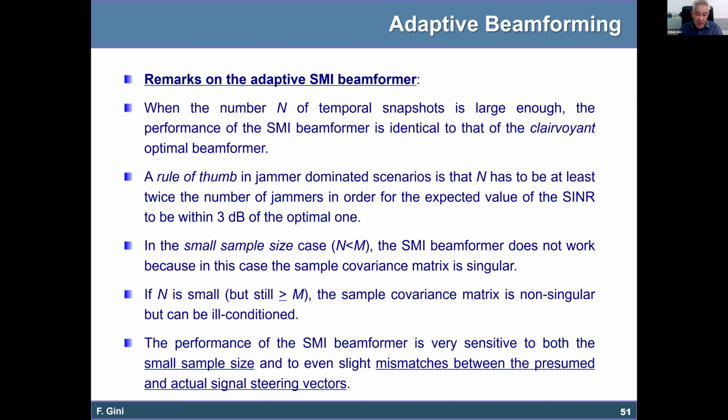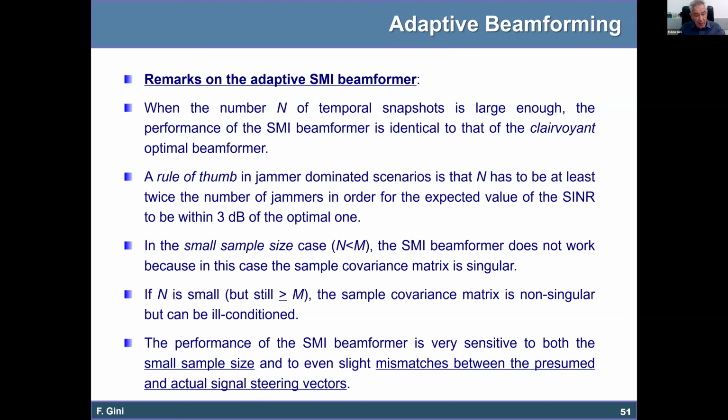So not twice the number of sensors, but twice the number of jammers, in order to have only a 3 dB loss with respect to the optimal. This is true only if the disturbance is dominated by jammers, so the jammer to noise ratio is very large.